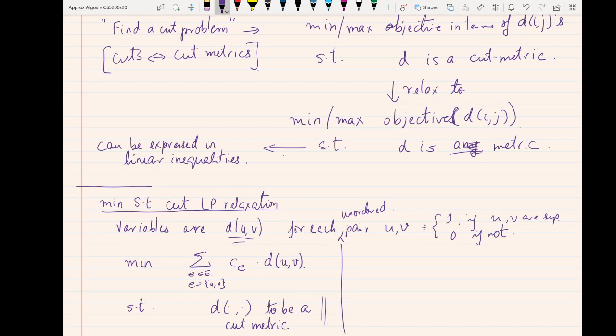So we're going to relax this, as I said, to any metric, and the corresponding linear inequalities would be written the following way. So the objective remains the same. Such that, and now what I'm going to say is, instead of d being a cut metric, I'm going to relax it to d being any metric. And that involves us only writing down the triangle inequality.